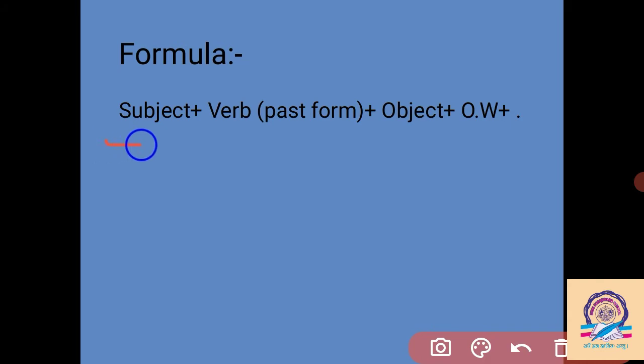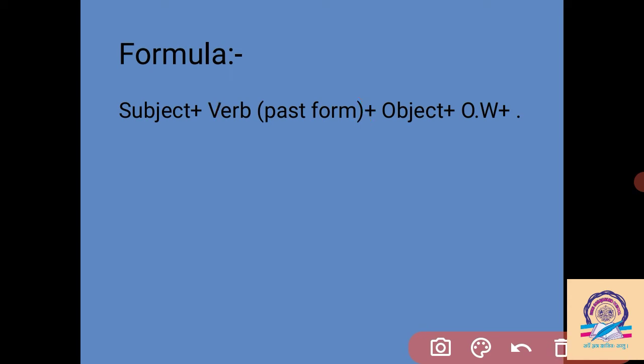So we have to begin the sentence with a subject. Subject means noun or pronoun. We can write the names of birds, animals, persons, places, then pronouns I, we, you, they, he, she, it. So we have to write the subject first. Then for the past tense we have to use the past form of the verb.